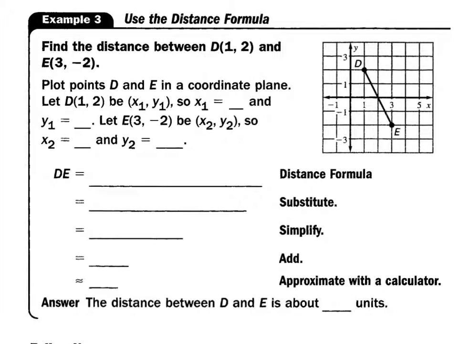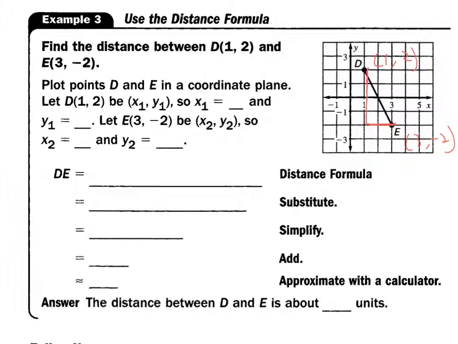So let's look at this example here. Here I have point D at (1, 2), point E at (3, -2). And I need to find the distance between the two. Once you find these two points and their coordinates on the plane, notice that you can draw a triangle right there.